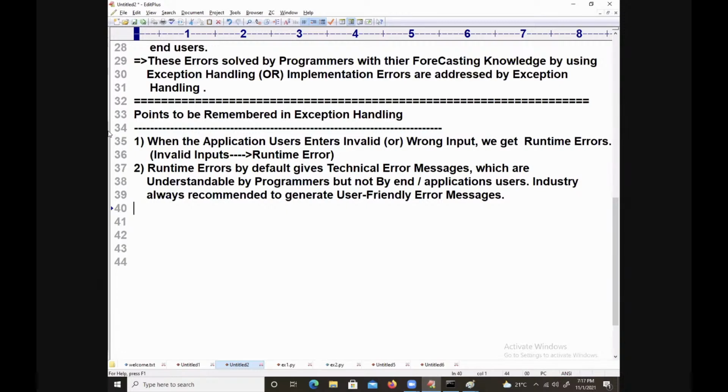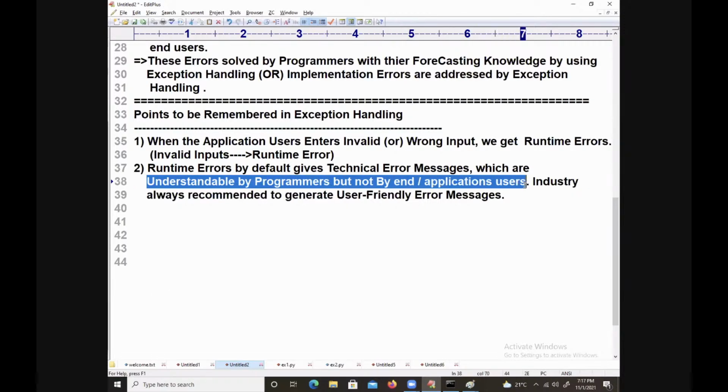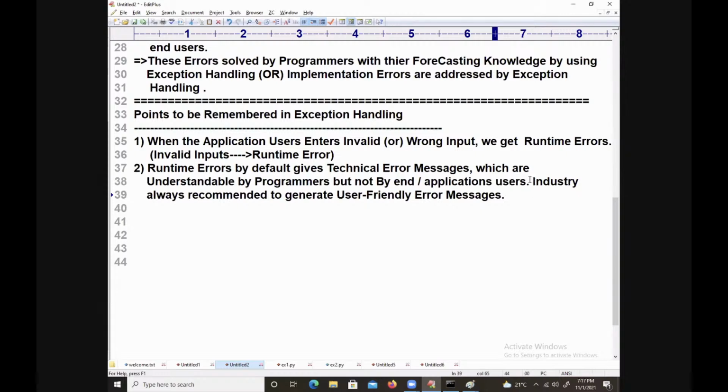Good. Runtime errors by default give technical error messages, which are understandable by programmers but not by end or application users. Industry always recommends generating which messages? User friendly error messages. Very nice.